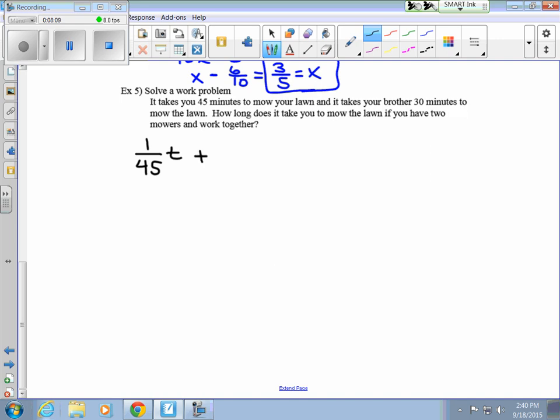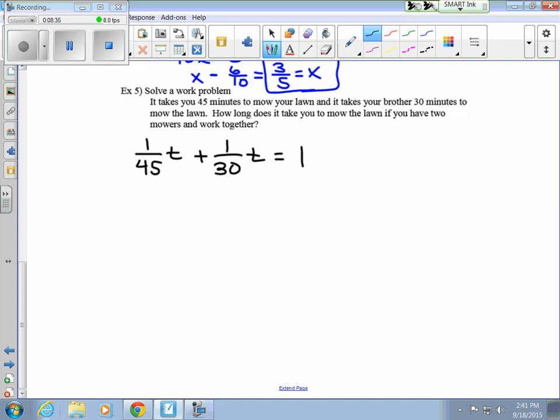And it takes your brother, he's mowing 1 lawn at a rate of 30, and it's going to take you t. Now, it's going to equal 1 because we're only mowing 1 lawn. If we were mowing 7 lawns, then we would put 7 in there. But in this case, we are only doing 1 lawn, so that's what it would be.